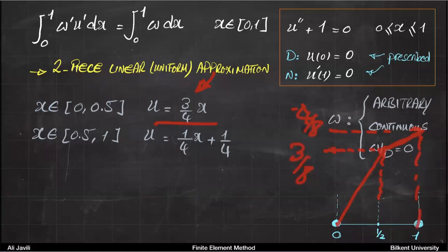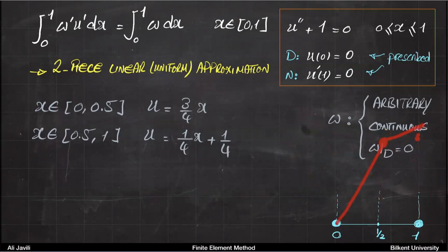So this is going to be your approximate solution. There is a first line with a high slope until here, and then it's continuous at that point. Then you have a line with a slope that is 3 times less, and that would be your solution basically. Now, you can easily check that this thing is continuous.